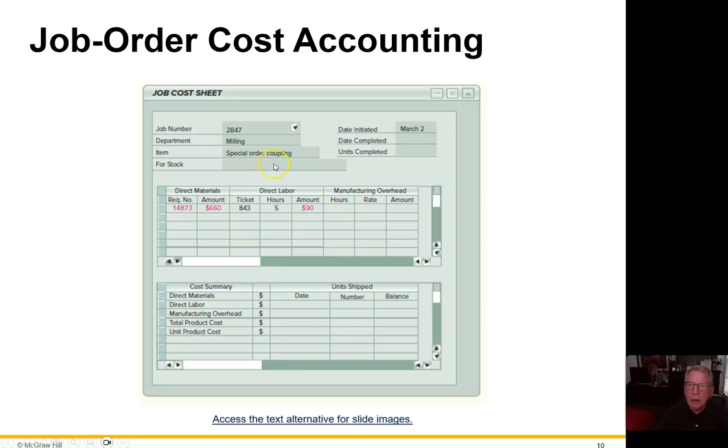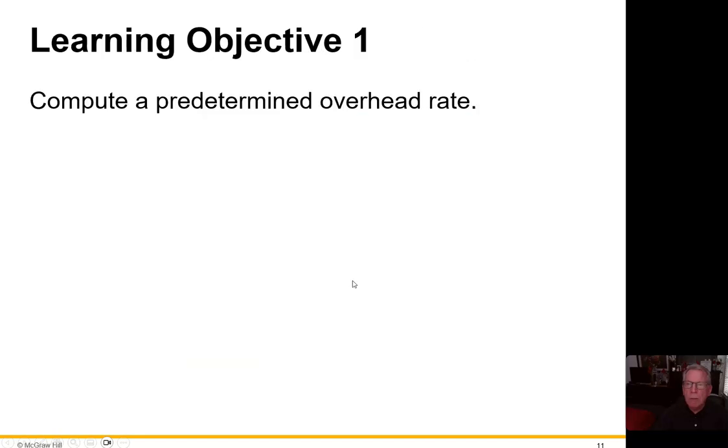Okay, so back to the job cost sheet. Here we go with that $90 that we just charged for 5 hours. Now we're going to determine a predetermined overhead rate. You may be asking, how do we get the overhead to these jobs?